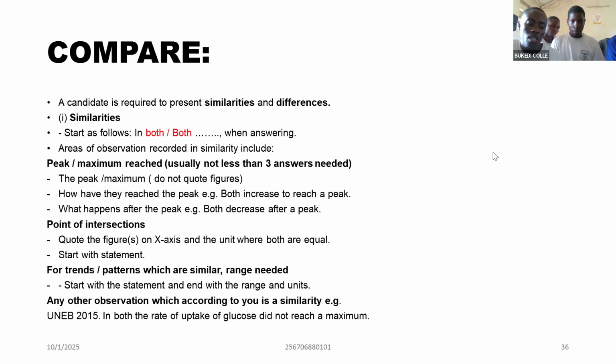Should I talk about the rapid one and the gradual, or I just say they both increase? They both increase. I wish you can give that as a difference. Assuming one is increasing gradually, then the other one is increasing rapidly, state that as a difference, not a similarity.